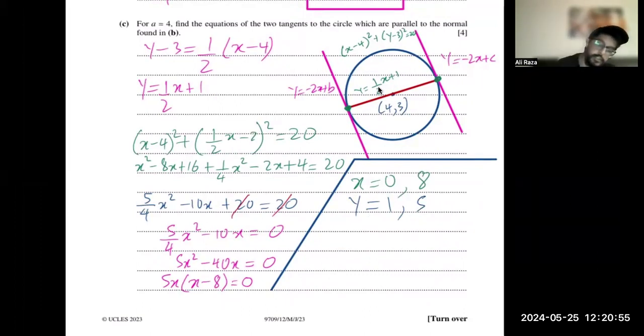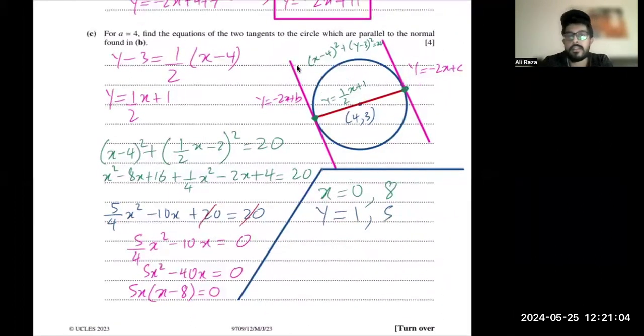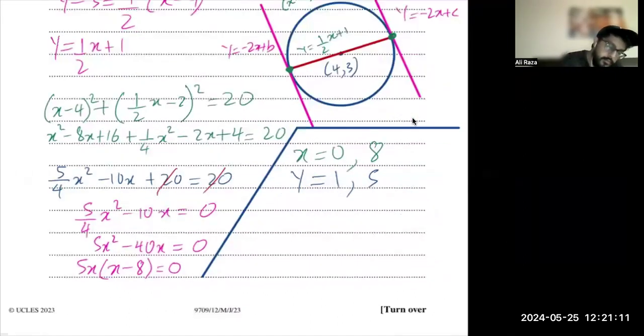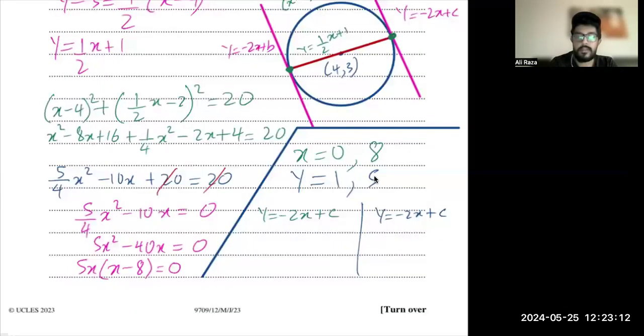Now once I have these two coordinates, I can find the value for the y-intercept of these two lines. So y is equal to minus 2x plus c. Now once I have these two coordinates, 0, 1 and 8, 5, I can find the value of c by plugging them in.